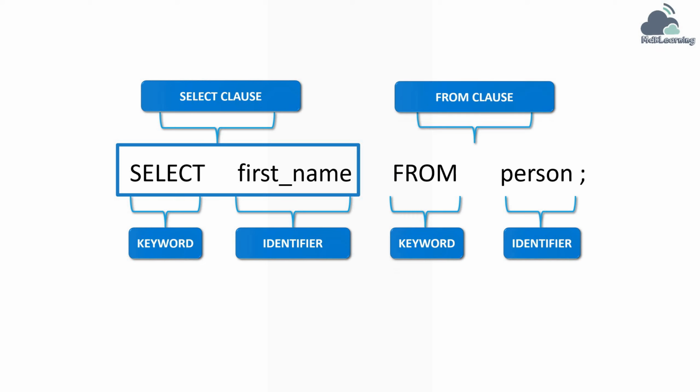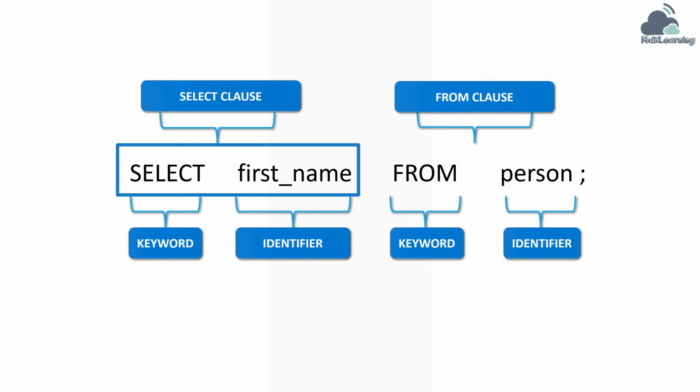The from clause tells the database from where we want the data that is expressed in the select clause. So the select clause and the from clause go together to say, give me the column first_name from the table named person.